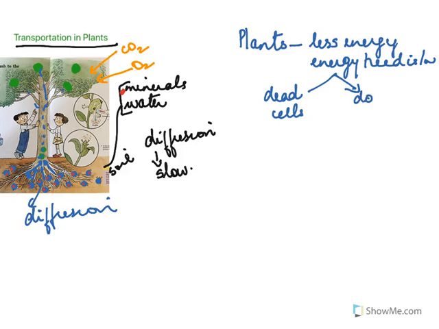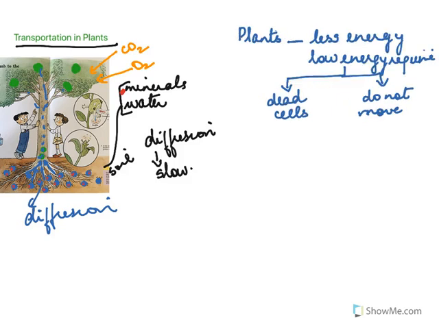And they do not move, and since they do not move, they do not require much energy. So we must remember that compared to animals, plants require less energy, because most of the cells are dead, and dead cells do not use energy.